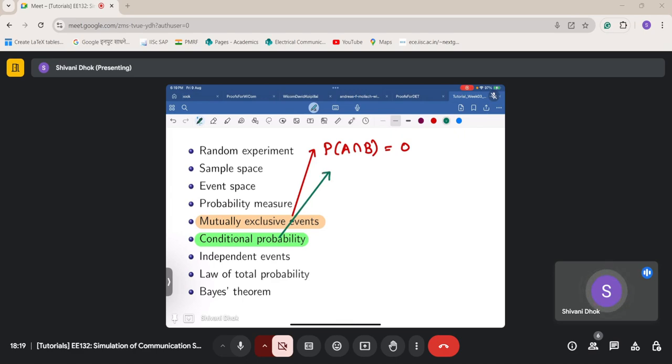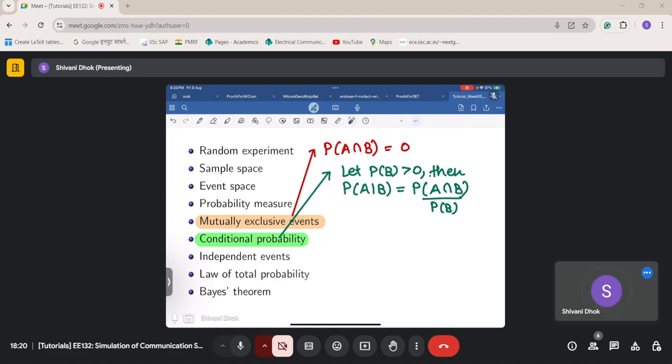Let's say we have an event B such that the probability of B is greater than 0. Then the probability of A given B is known as the conditional probability of event A given the event B, and it is defined as the probability of A intersection B divided by the probability of B. This is known as conditional probability.